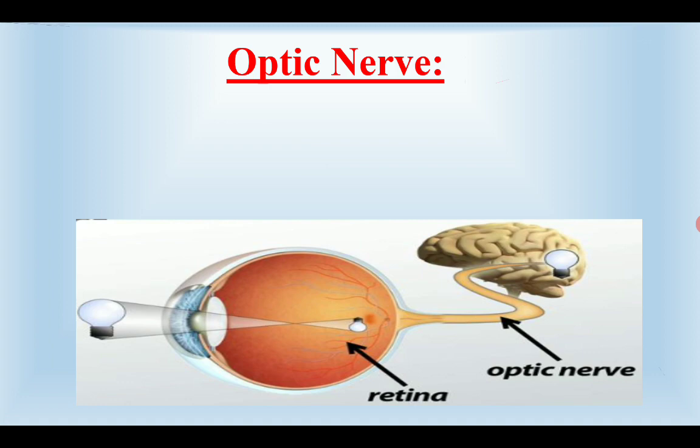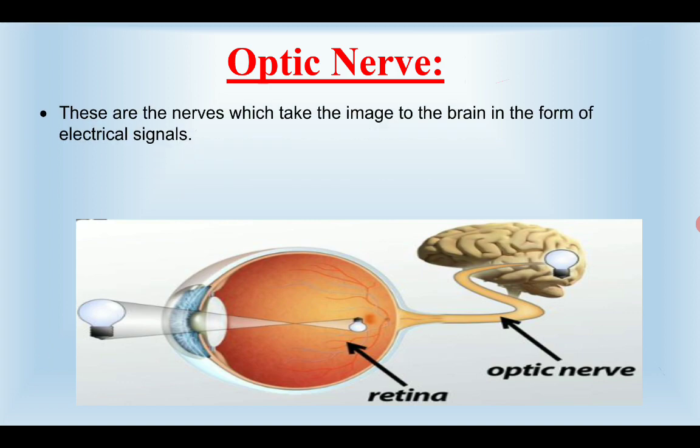Basically, the optical signal is being converted into an electrical signal at the retina, and that signal is being carried by the optic nerves. Now the brain is reading or inverting this image which is formed at the retina, and we are able to see that the bulb is erect now. So basically optic nerves are sensory nerves.